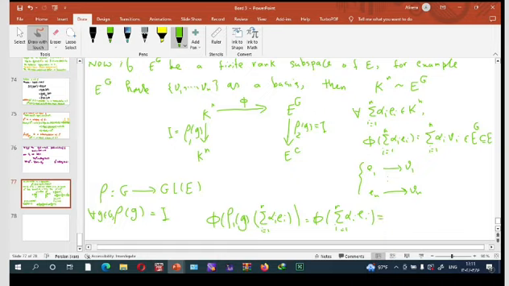And this is equal to phi of this equal to this summation, and this is equal to rho 2 of g of this element, because rho 2 is the identity again.